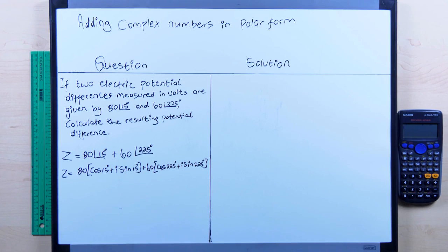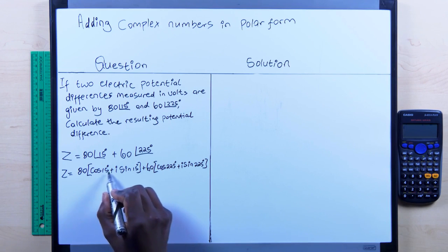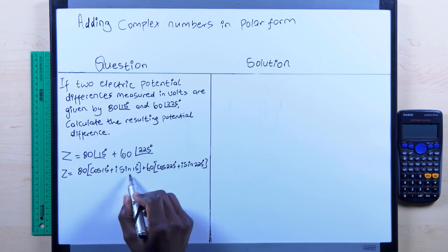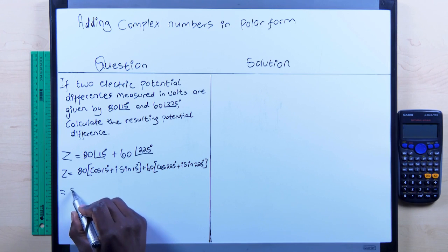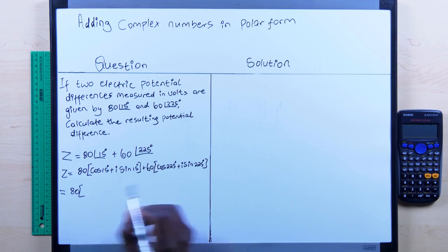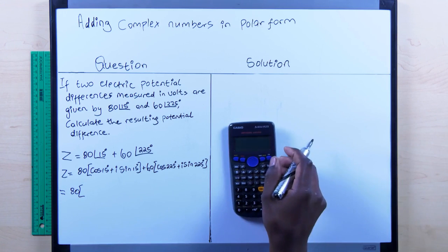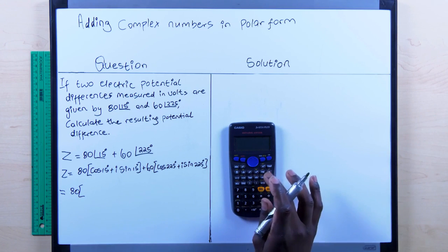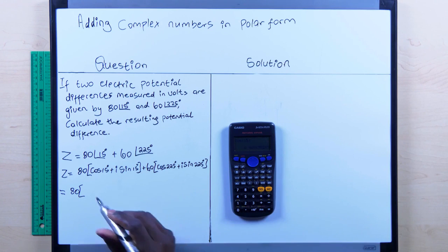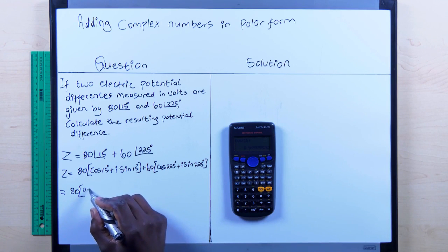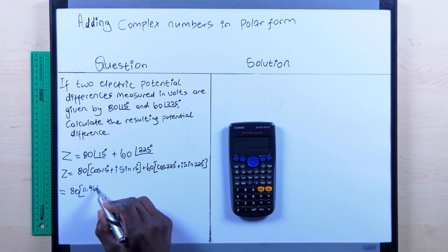Once we have done this, then we have to understand the following concept again. And that is, we must find the value of cos 15 and sin 15. We're going to write it to 3 decimal places.